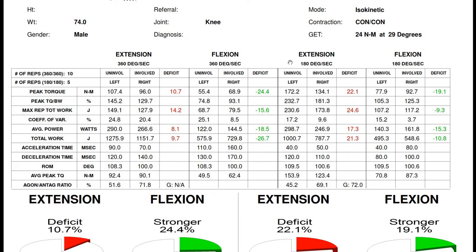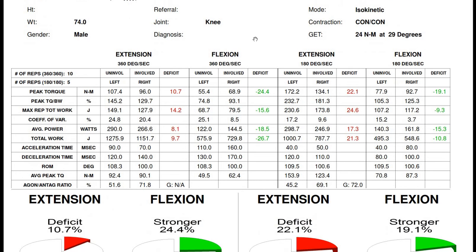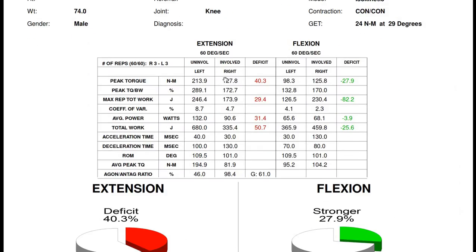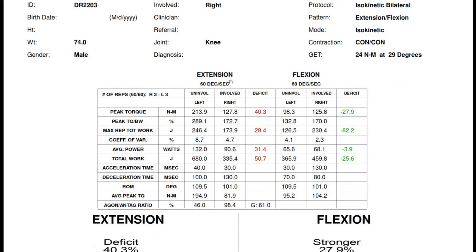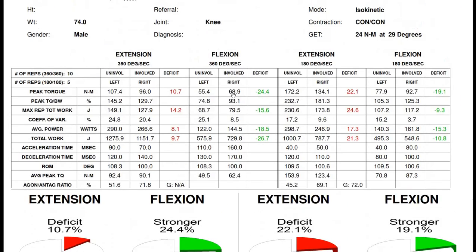And obviously this was a concentric knee flexion extension test, or isokinetic test, I suppose I should say. There were 10 repetitions performed for the 360 degree test, 5 for the 180, and 3 for the 60 degree per second. I will double check that, but I'm almost certain. Yes. Excellent.